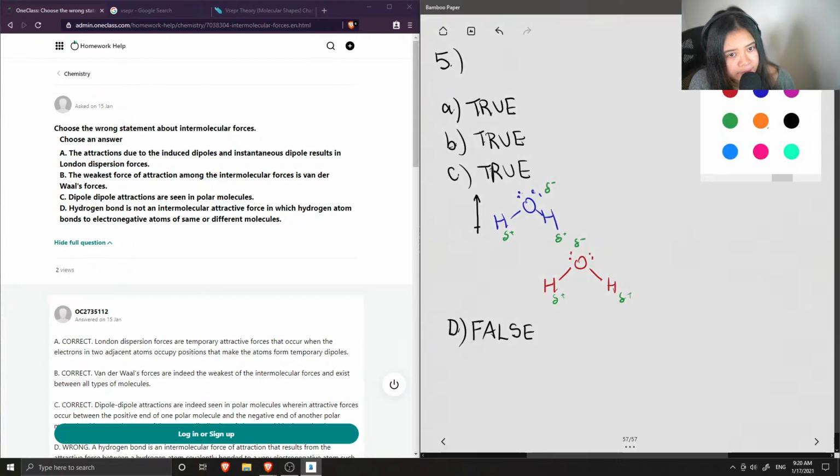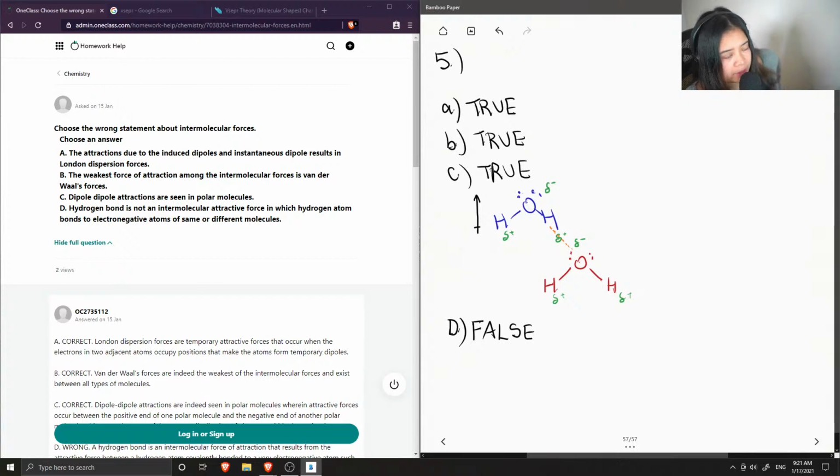And I can show how hydrogen bonds occur. Again, that partially positive hydrogen can be attracted to the partially negative oxygen of a different polar molecule. And that's how water molecules stick together because of this attractive force.